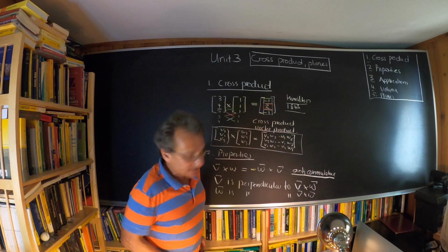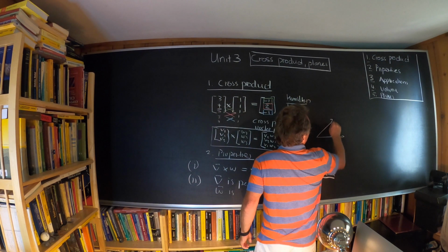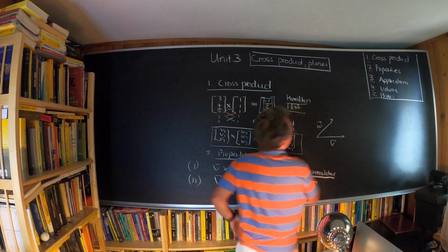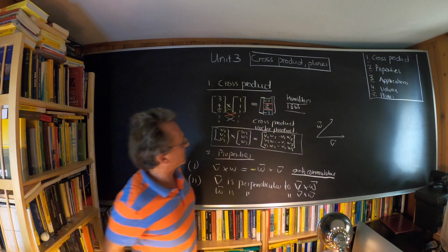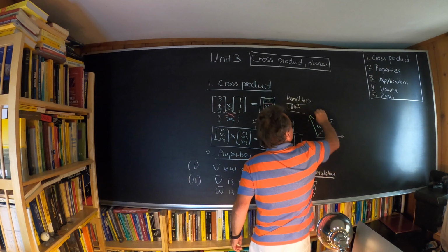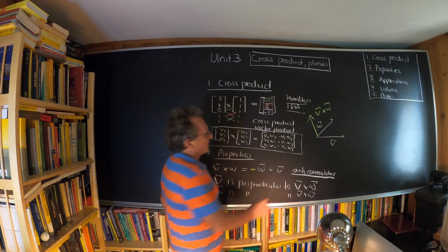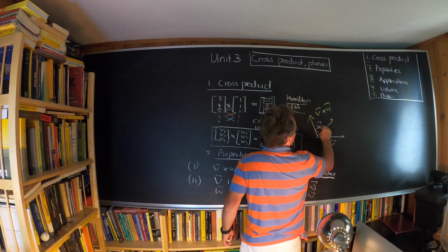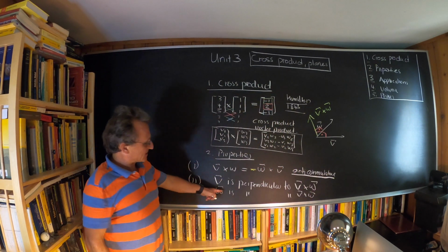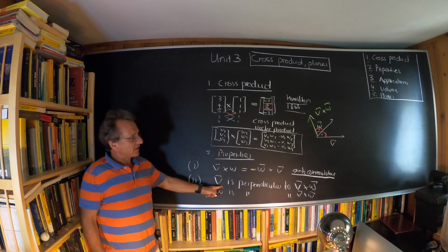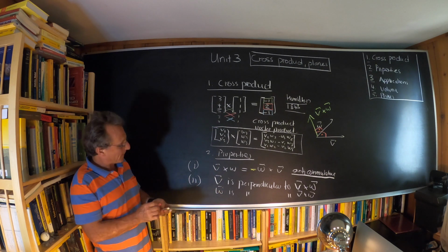So the picture is like that. So we have V, we have W, we are always in space here, and this V cross W is a vector which is here, which is both perpendicular to V and perpendicular to W. So that's the claim here for the second property.